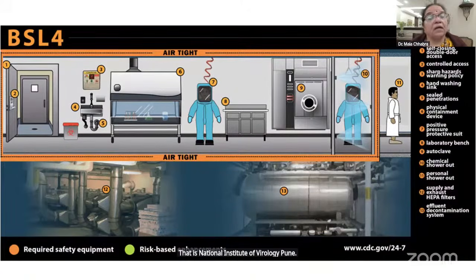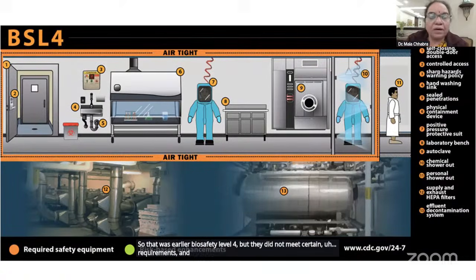Before this, there was another laboratory in Bhopal, NISHAD Bhopal, the National High Security Institute of Animal Health. That was earlier biosafety level 4, but they did not meet certain requirements, and it is now a biosafety level 3 plus laboratory.